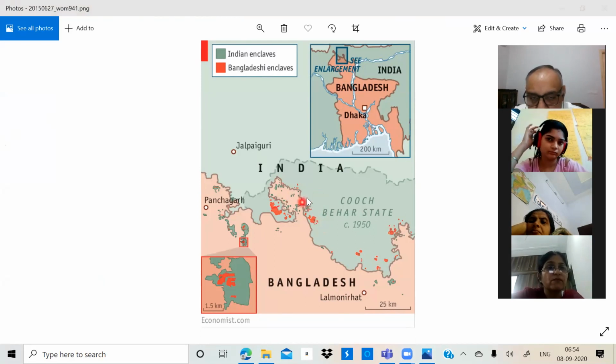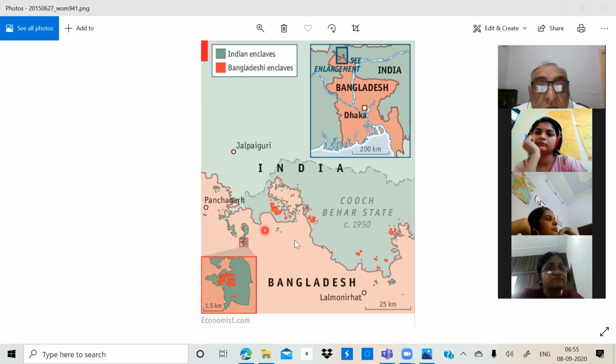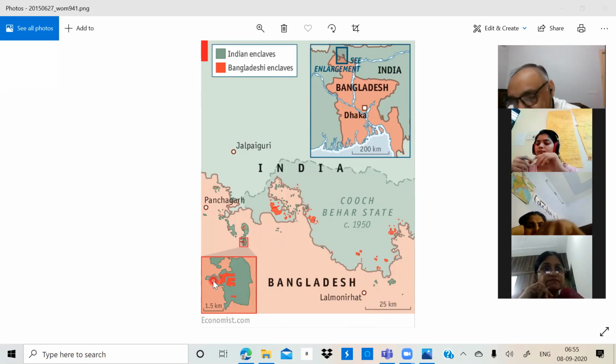So these were some villages, some enclaves, some pieces of land of Bangladesh which were in India. Is it clear? And these dots which are in the green, visible now? These are some villages or territories of India which were left in Bangladesh.